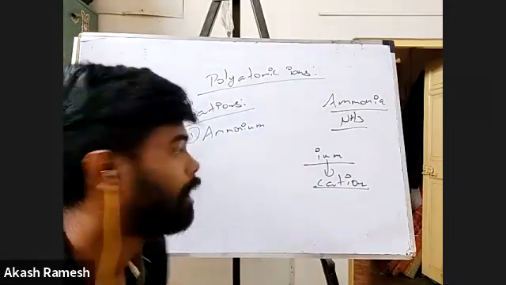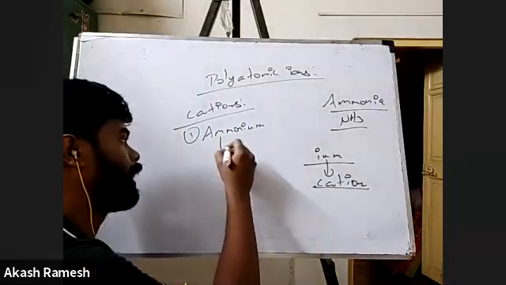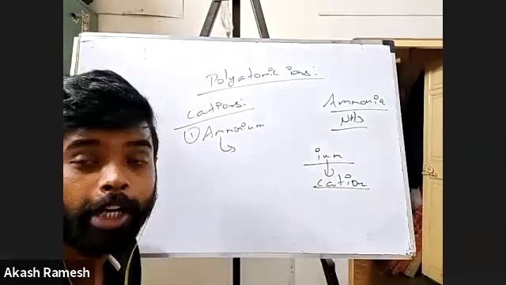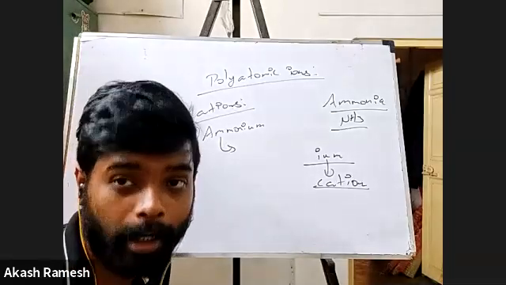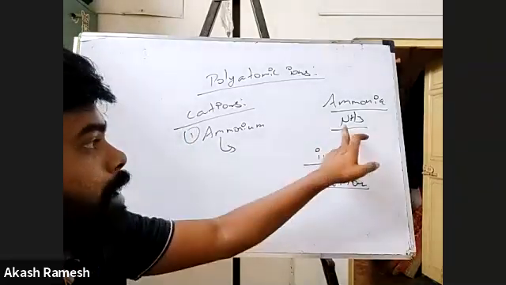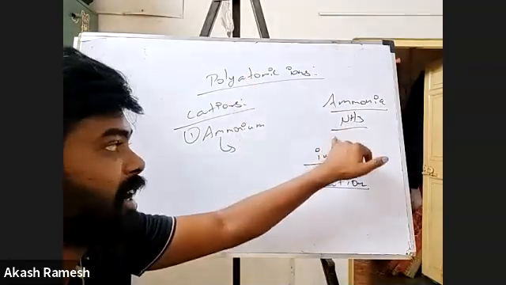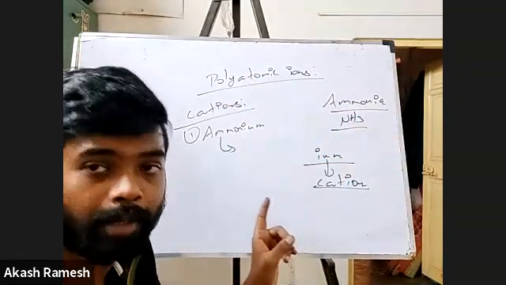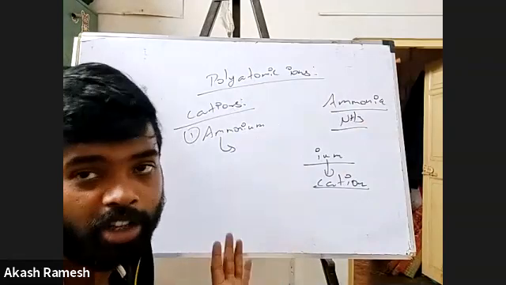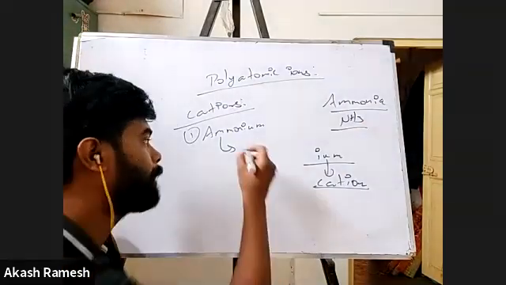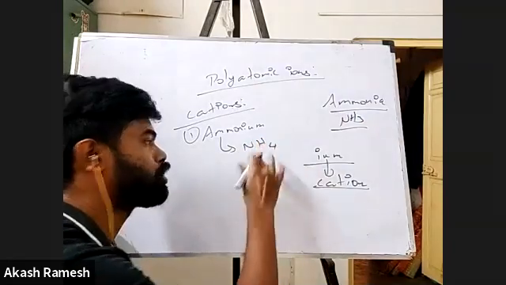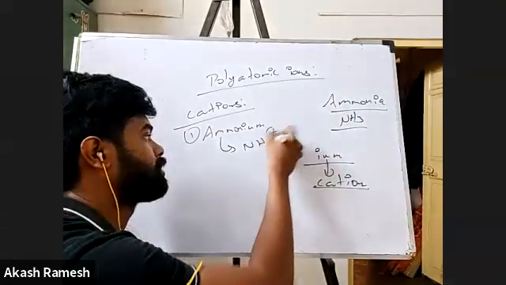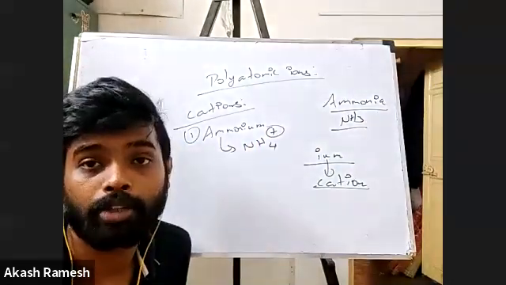Now, what is the formula? It is going to be made up of more than one element. Ammonia is made up of two elements, nitrogen and hydrogen. Here also, nitrogen and hydrogen are going to be present. The formula is NH4 1 plus.